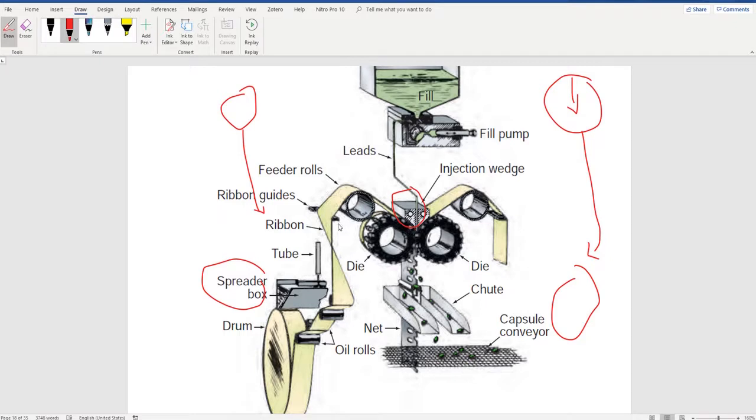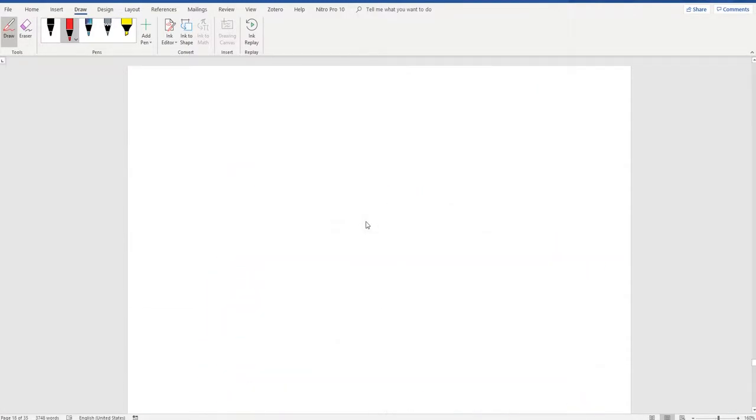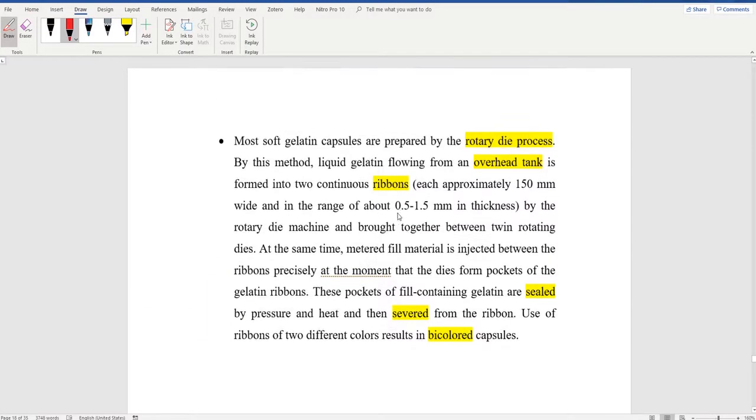Now, number one, what is the width of this ribbon? The width can be إيش؟ About 15 centimeters. إذن the width here can be 15 centimeter. طب والthickness تاع الريبون, the thickness can be from half millimeter to 1.5 millimeter as is given here.